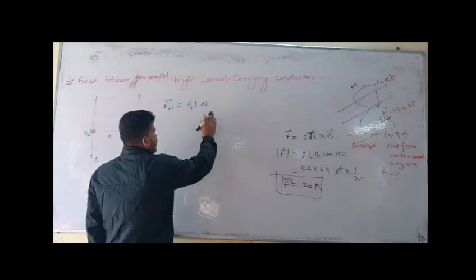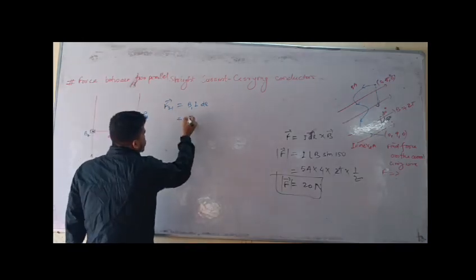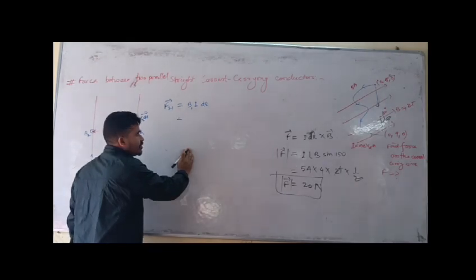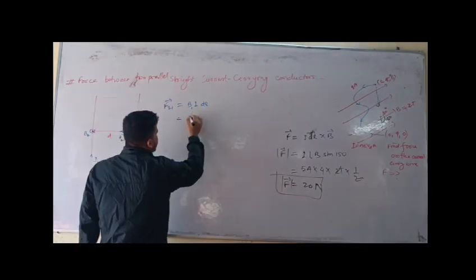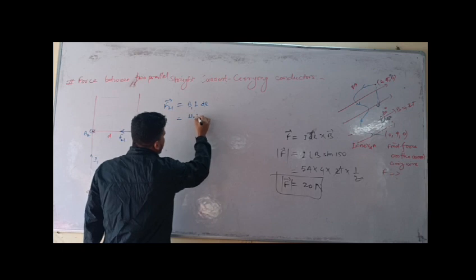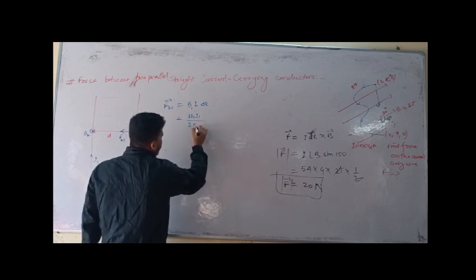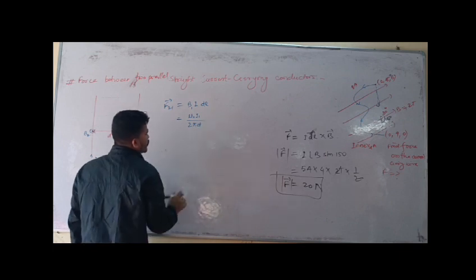What will this expression be? B1 is mu naught I1 upon 2 pi d.